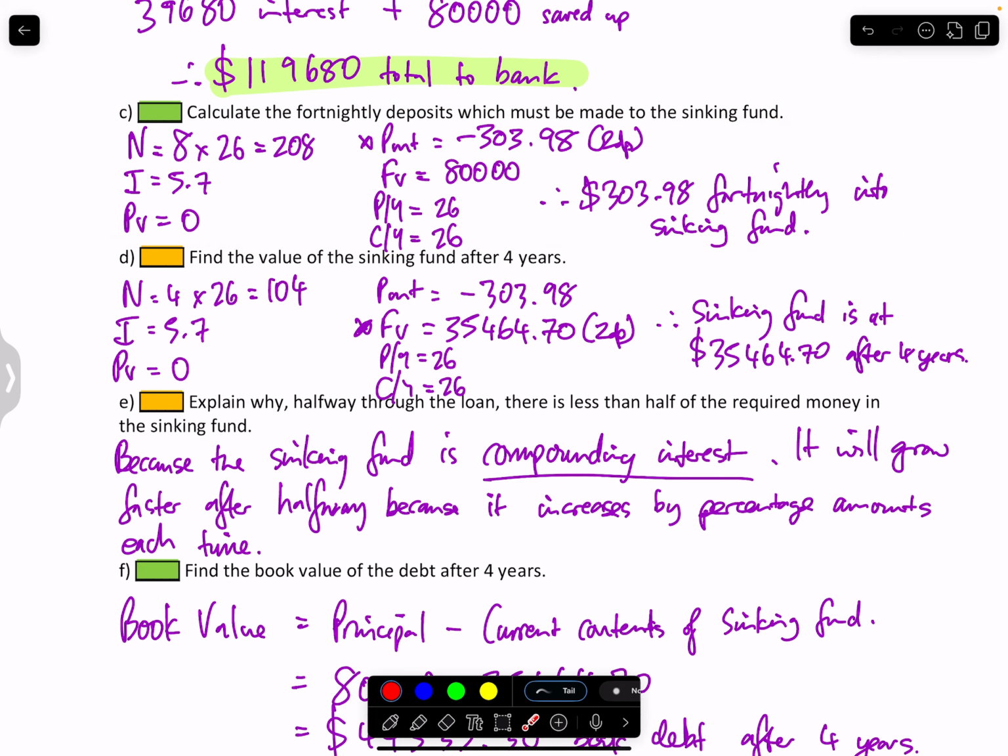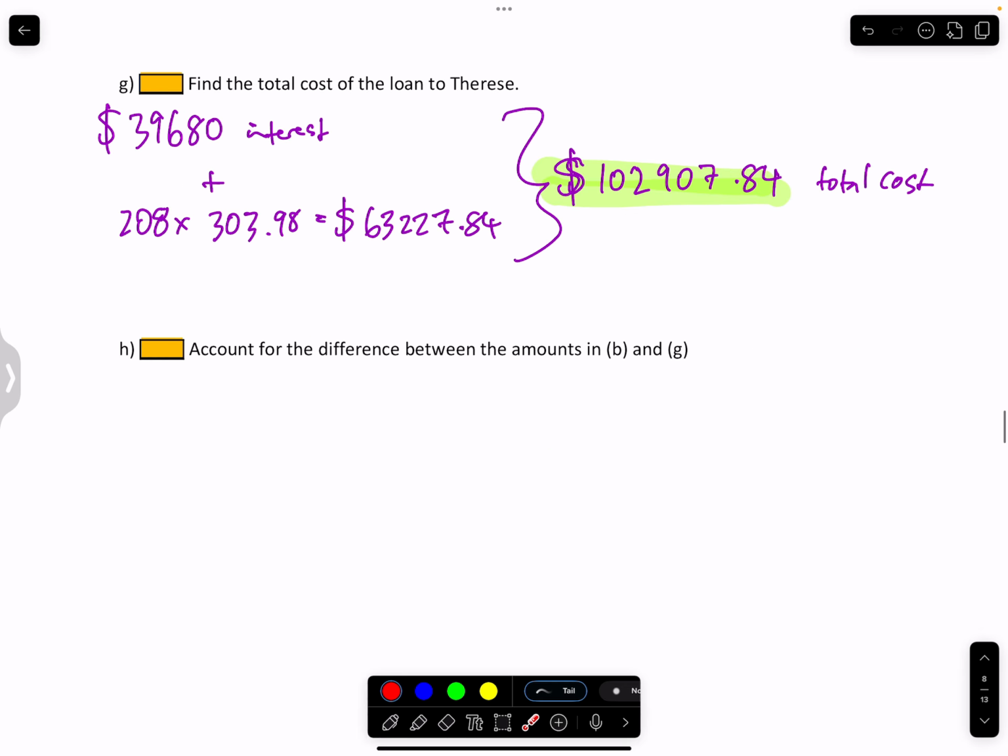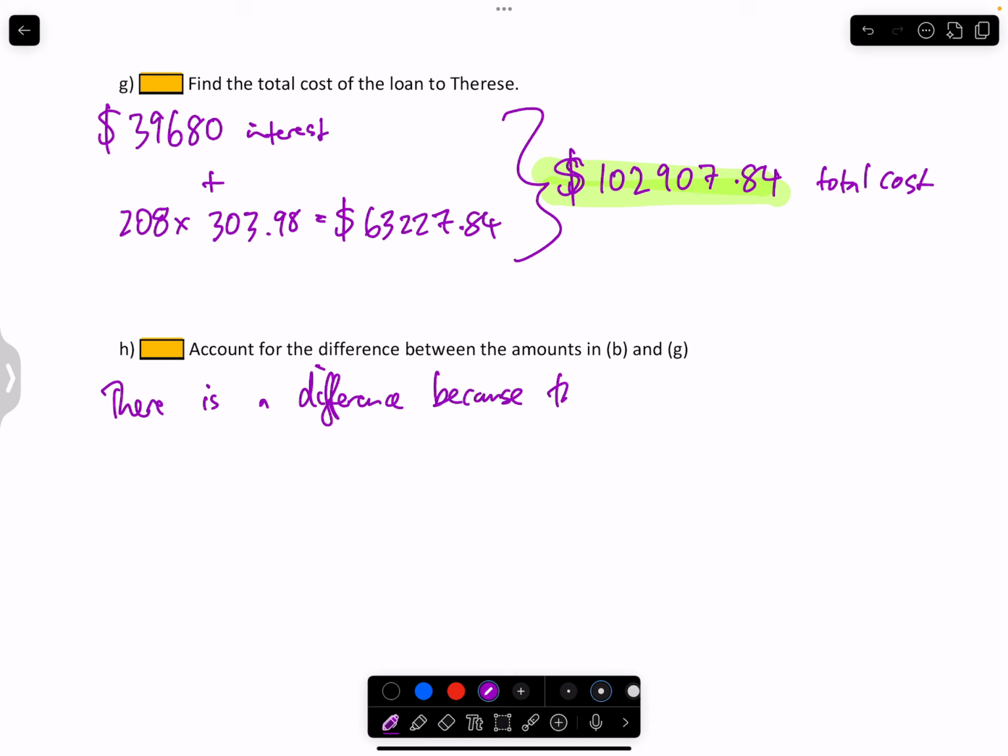So it earns interest. So your answer is there is a difference because the sinking fund is a compound interest account.